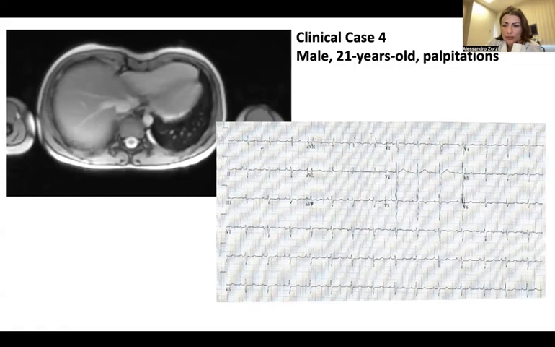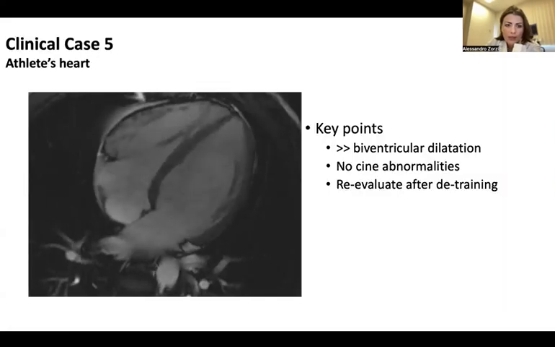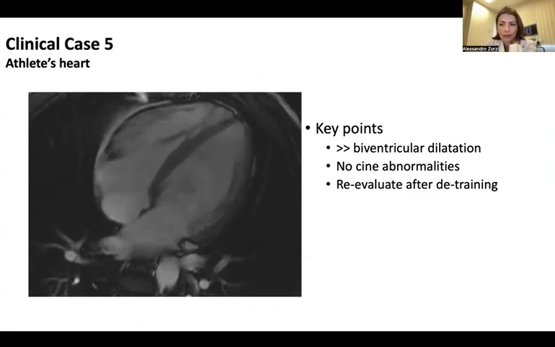So this is ECG, which we can't say is normal as well, but finally he had a thoracic deformity which explains the arrhythmias. This is the most common report we found in MRI for athletes, which is athlete's heart.